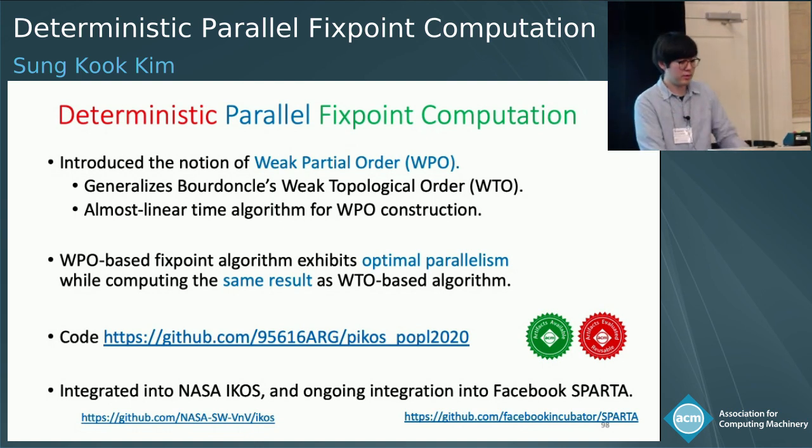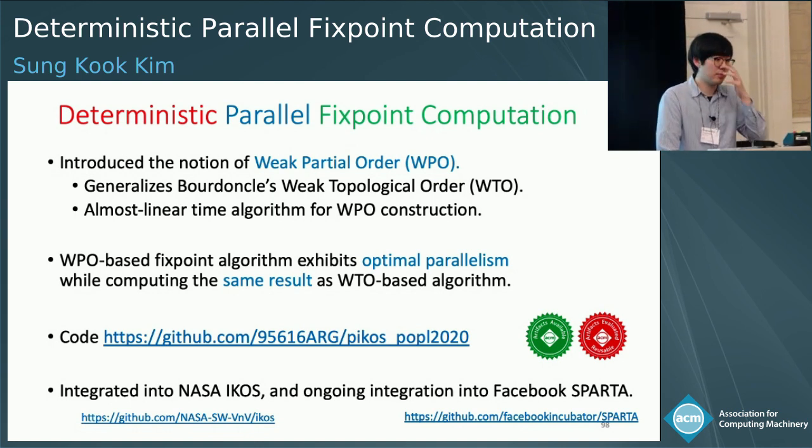One of the key theoretical results of our paper is that we have optimal parallelism while ensuring the same precision as Bourdoncle. If the program doesn't have a branch, or if it's just sequential, you won't have any speedups there.